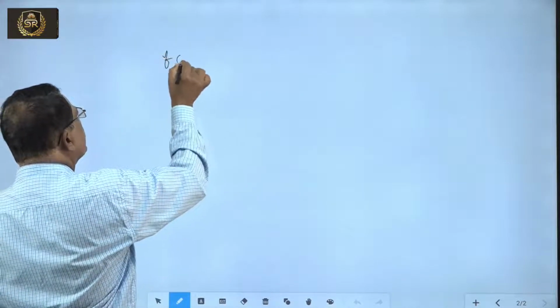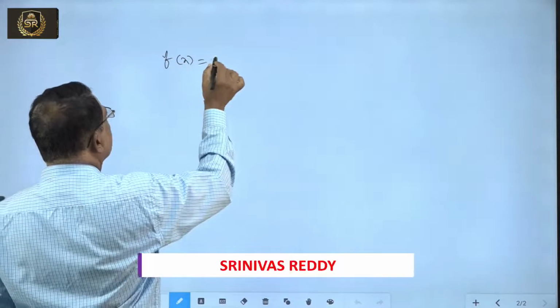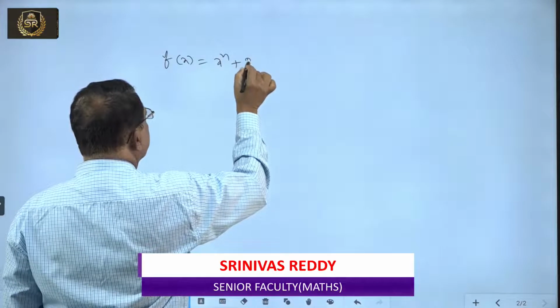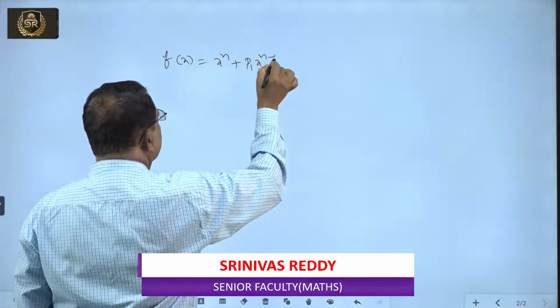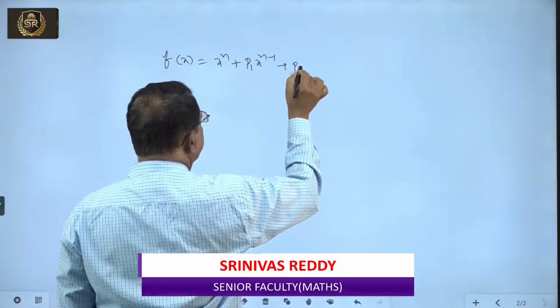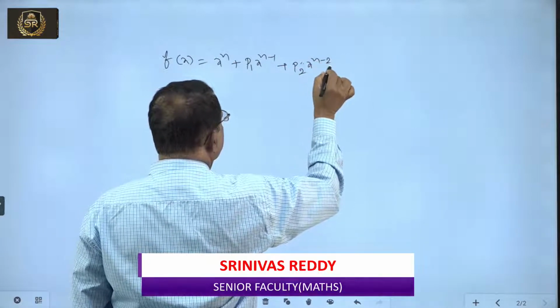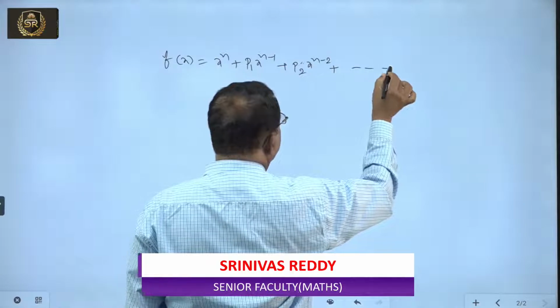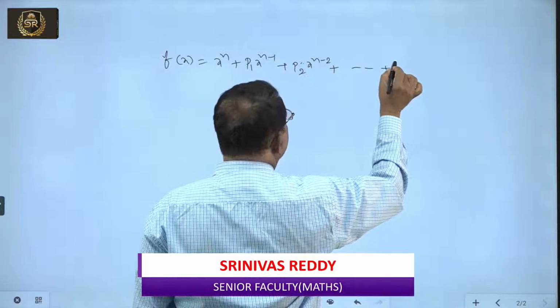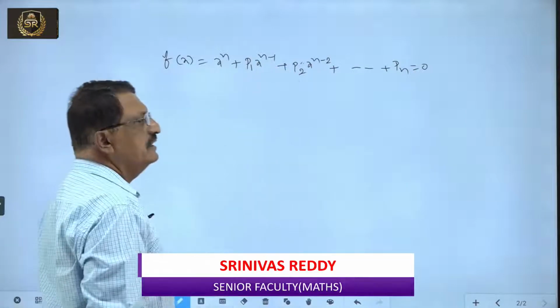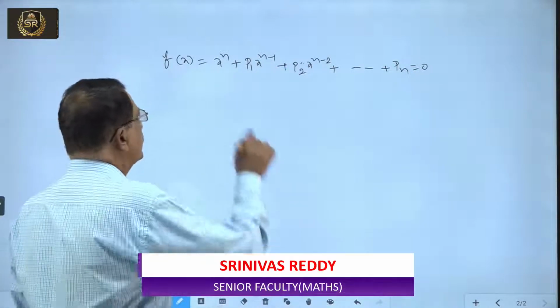If f of x equals x power n plus p1 x power n minus 1 plus p2 x power n minus 2 up to so on pn equals 0, it is an nth degree equation in terms of x.